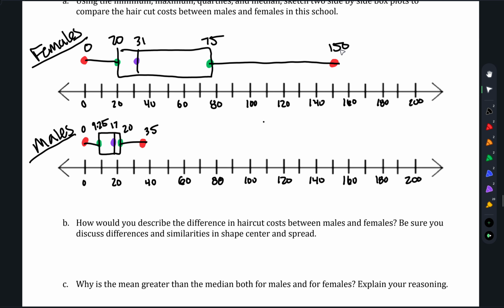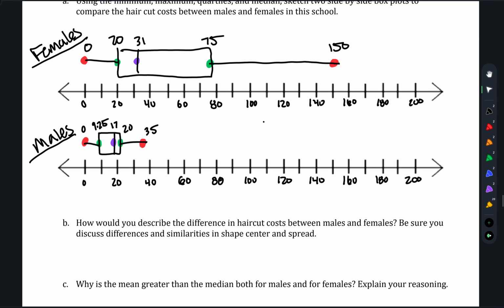So, letter B. How would you describe the difference in haircut costs? Each one of these data points is the cost of somebody's haircut. What do you think? Make some observations based on what you know about female and male haircuts. Why do you think it looks like this? There's not really a wrong or right answer.